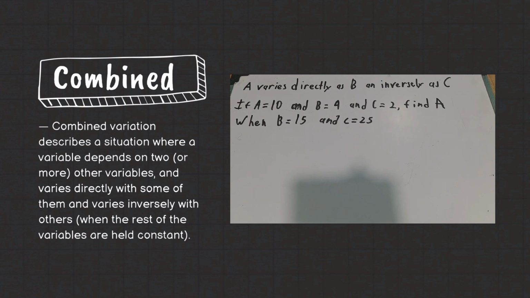So, ang question natin is a varies directly with b and inversely as c. If a is equal to 10 and b is equal to 4 and c is equal to 2, find a when b is equal to 15 and c is equal to 25. First, una is hanapin mo muna si k or yung constant term.